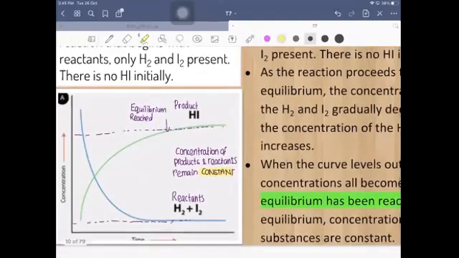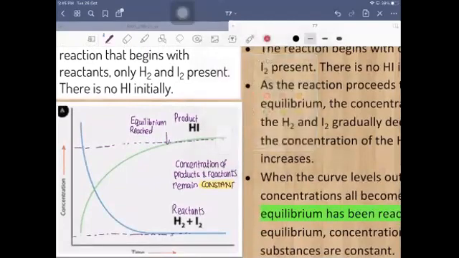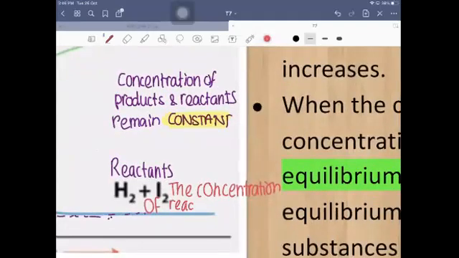Another thing that I want you to add to your notes is that the concentration of your reactants doesn't fall to 0, as there are always reactants left.